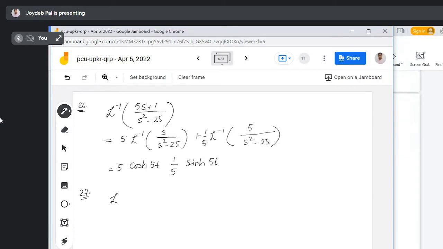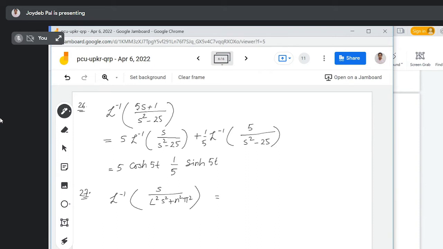So L inverse of, क्या था, s by L square, a square plus n square pi square. So here except s, all other terms are constant. Except s, n, pi, L, these are constants.